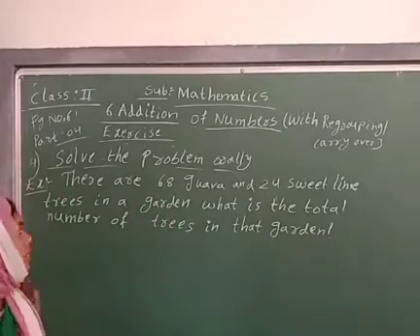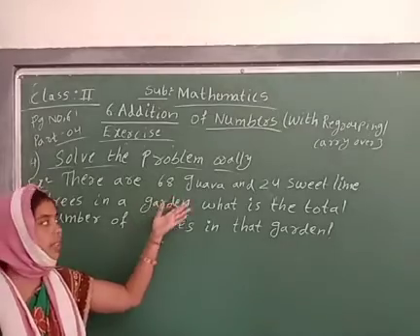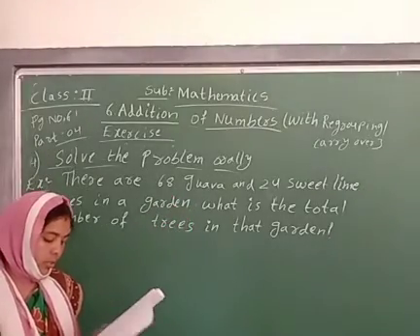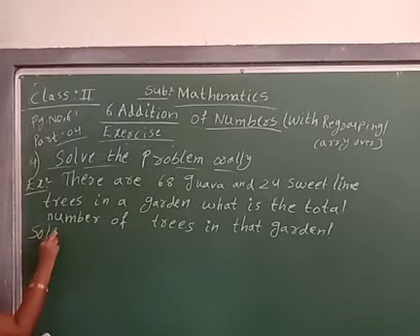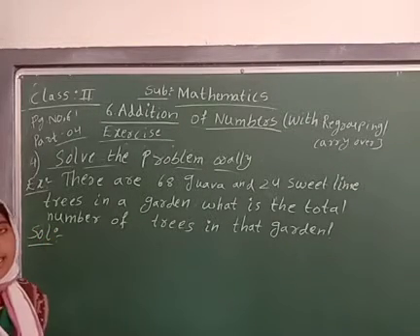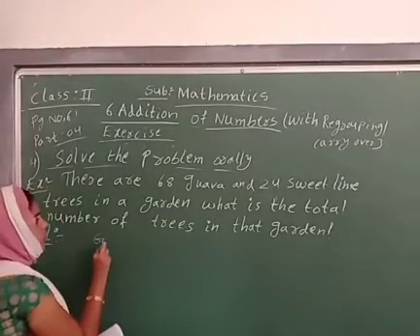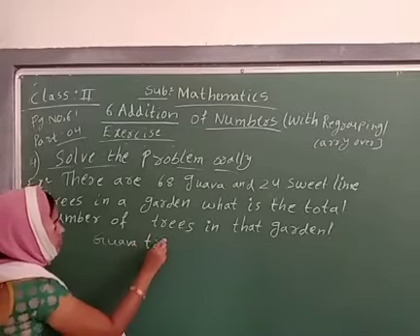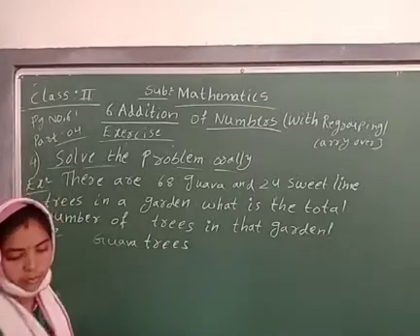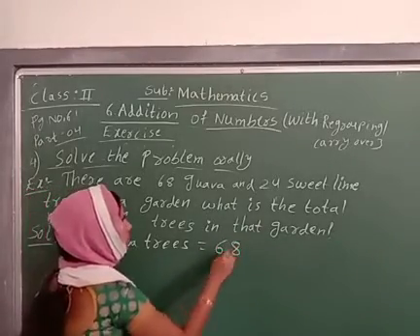So here, what was given, children? Goa trees 68, sweet lime trees 24. So here write the answer, children. Solution. It is already given in the textbook, but I am explaining again. See here. Goa trees 68.